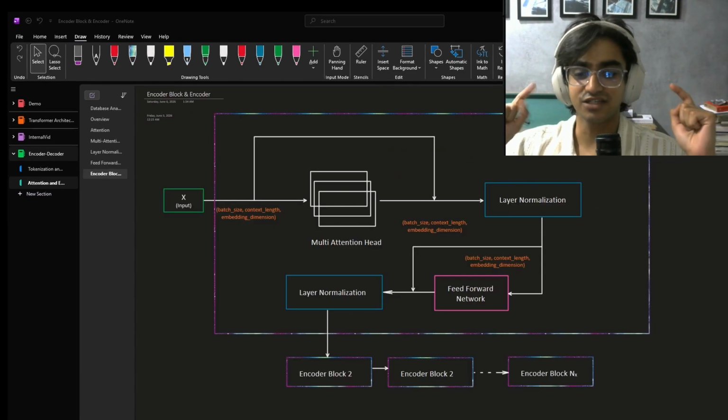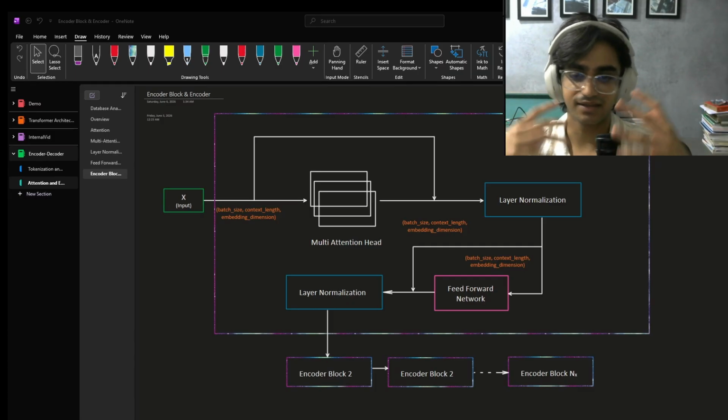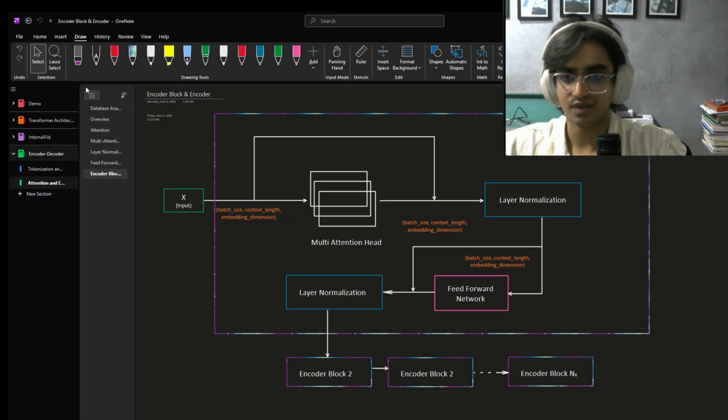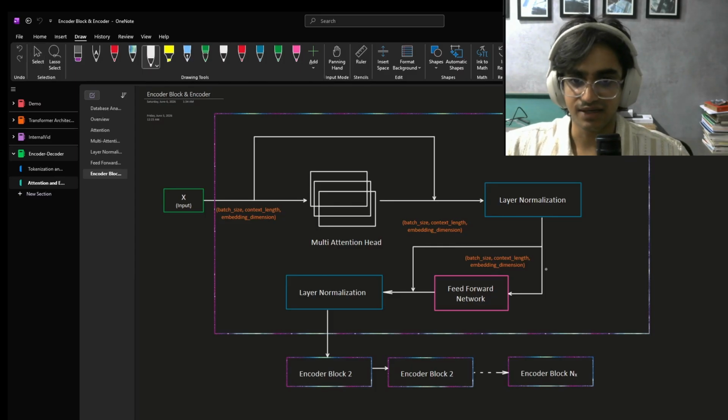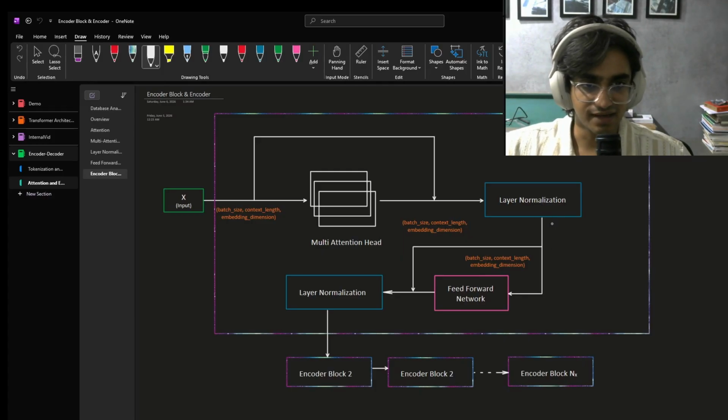And now we're finally reaching the end of the video. Whatever we've learned, now we just combine it, and that's your encoder. So we got our input. Your input goes into your multi-attention head. Then you got a residual connection that goes into a layer normalization. After that, that goes into your feed forward.